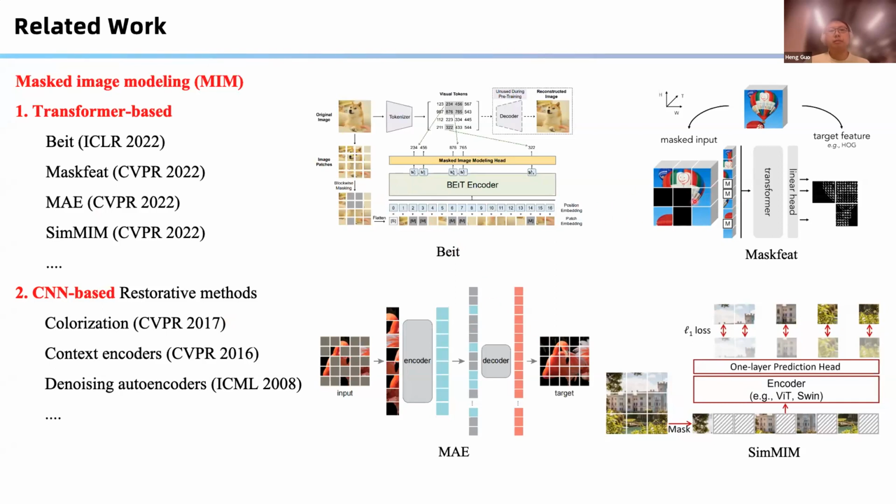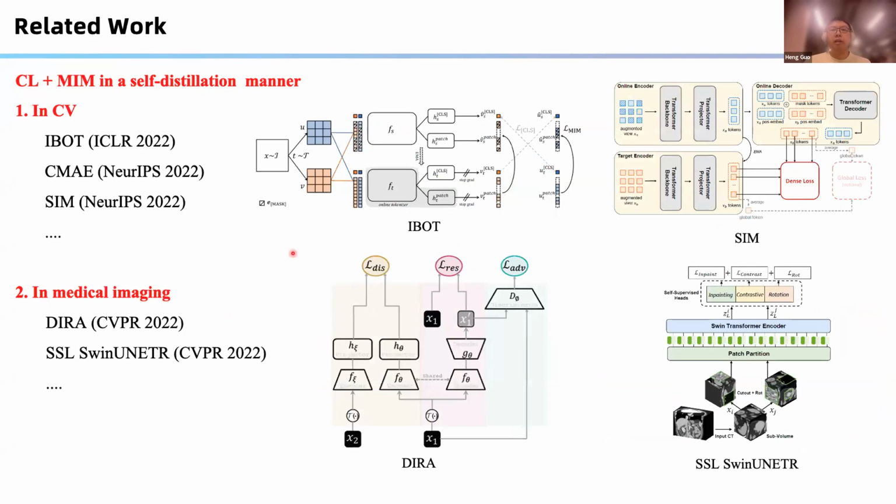The final category of related works combines contrastive learning with masked image modeling. The motivation behind these approaches is to leverage both discriminative and generative tasks to achieve stronger embedding learning. Compared to previous methods, these approaches appear to be more complicated.